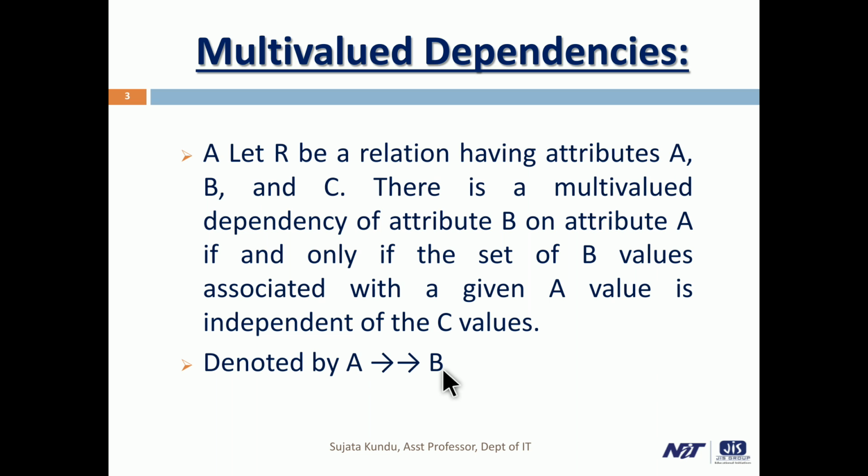It is denoted by the symbol A double arrow B. A single arrow is for single value dependency, and a double arrow is for multi-value dependency.